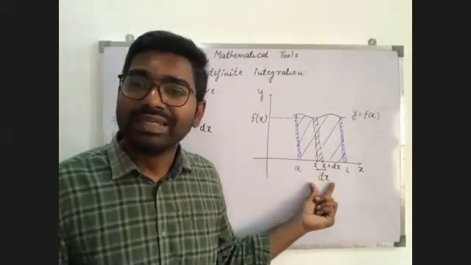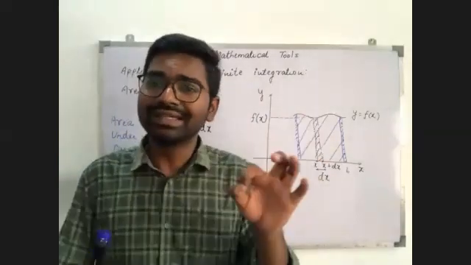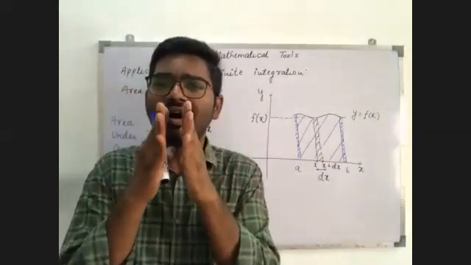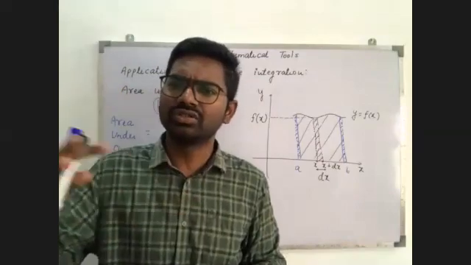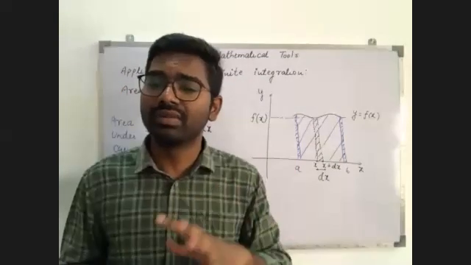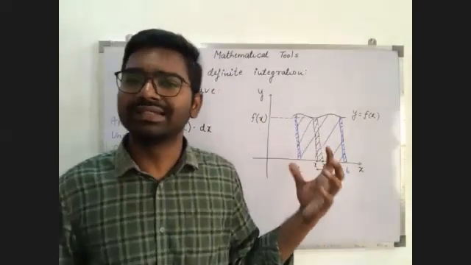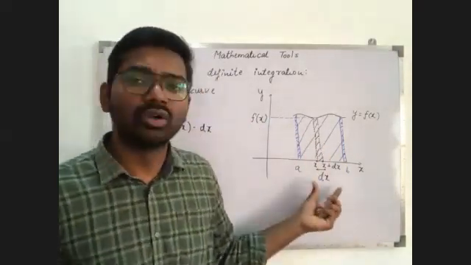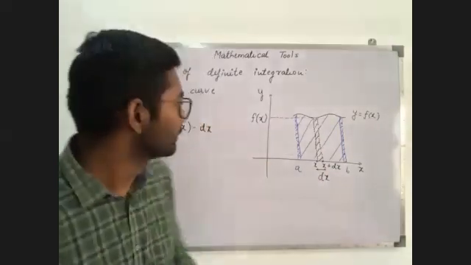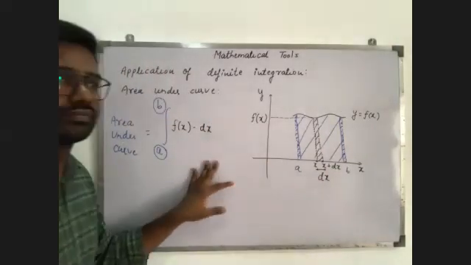When I was explaining differentiation, I told you that dx represents a very small number, that is 0.000 so many times 1. Do you remember that? So no need to write limit x tends to 0, we have already defined it that way. Is it clear to everyone?